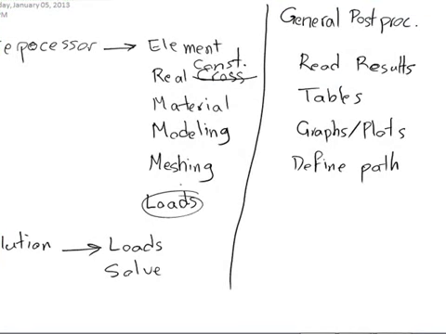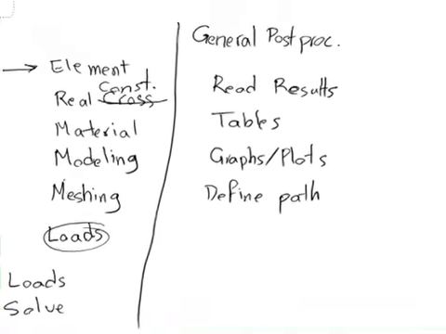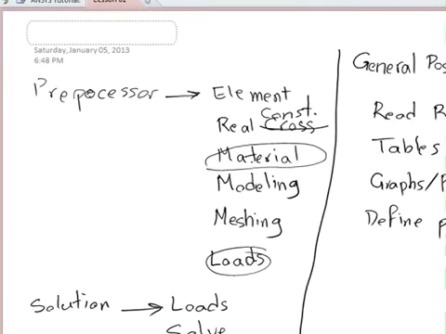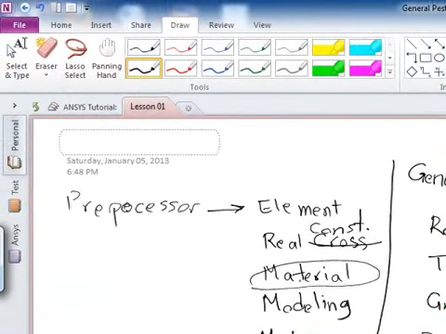And then the material, in the third, if I can find, the material defines the attributes such as elasticity and Poisson's ratio for the material you're going to be testing or modeling and analyzing in ANSYS.